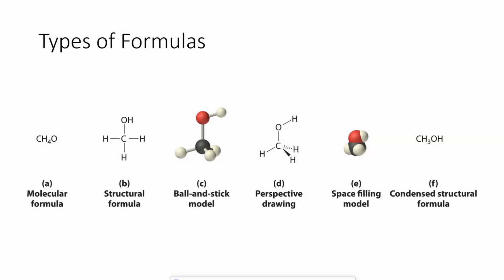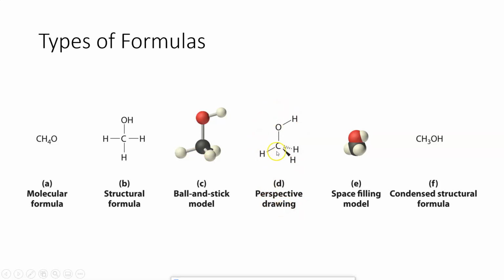For that, we can use a ball and stick model. If you remember your molecular geometry in 1411, this is the way we represent the molecules to find the shape. Or this type of formula can also be represented as a perspective drawing.